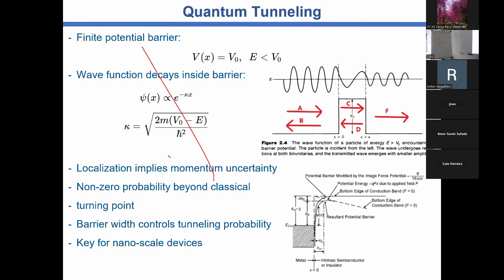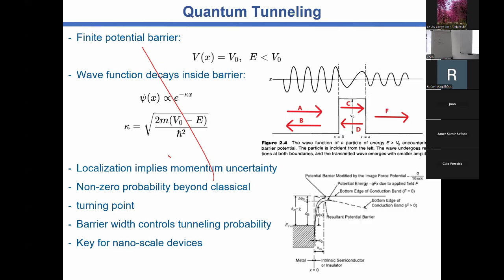The barrier starts at position 0 and goes to position A, which we can see further is correlated with a crystal lattice.